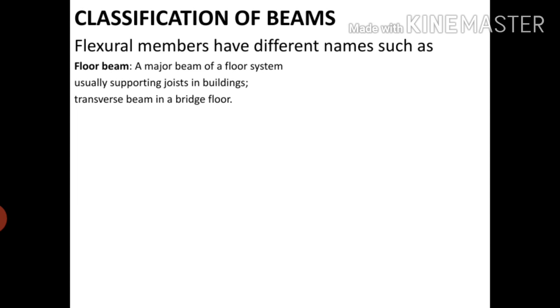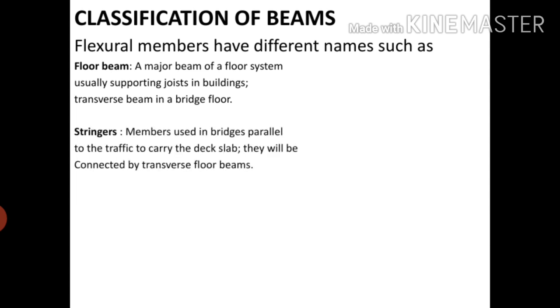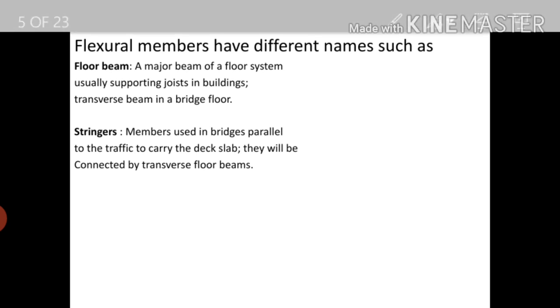Floor beams: a major beam of a floor system usually supporting joists in buildings, or a transverse beam in a bridge floor. They are also called stringers: members used in bridges parallel to the traffic to carry the deck slab. They will be connected by transverse floor beams.